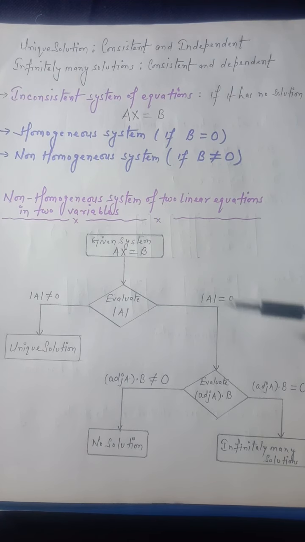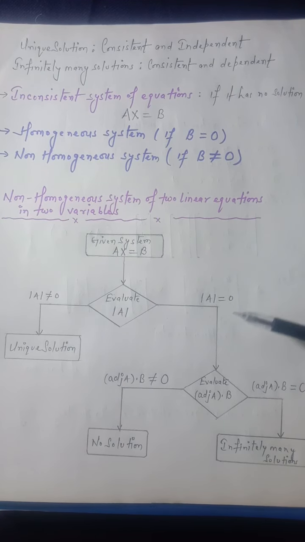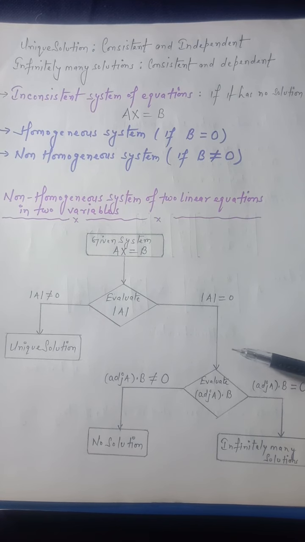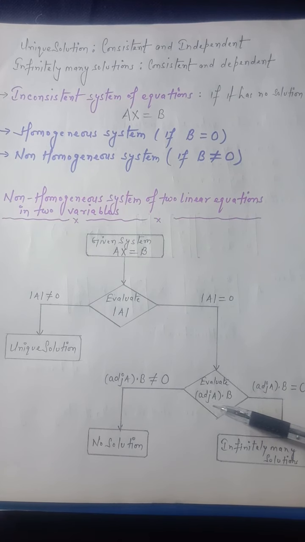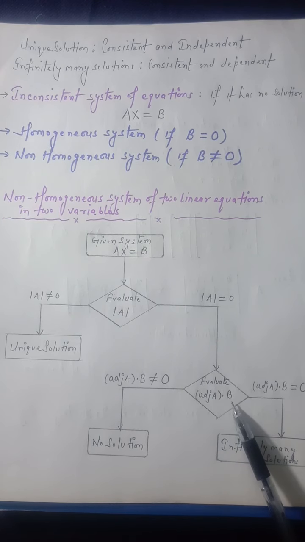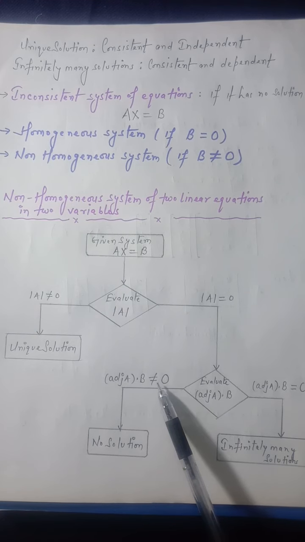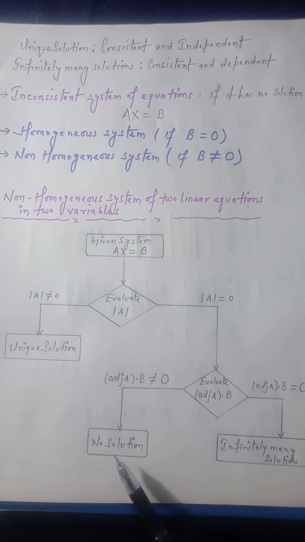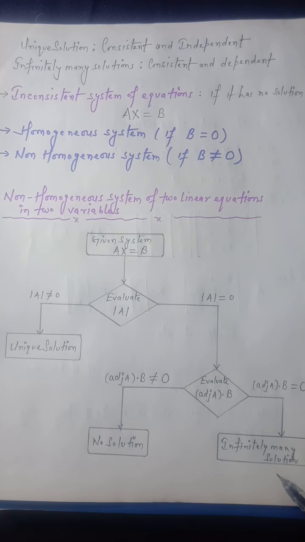If this determinant of A is 0, you have to calculate another quantity which is adjoint of A into B. So adjoint of A into B will be a matrix. Suppose this matrix is not a null matrix, then there will be no solution. Or if in this case adj of A into B is a null matrix, then you will write that the solution exists and it is infinitely many solutions.